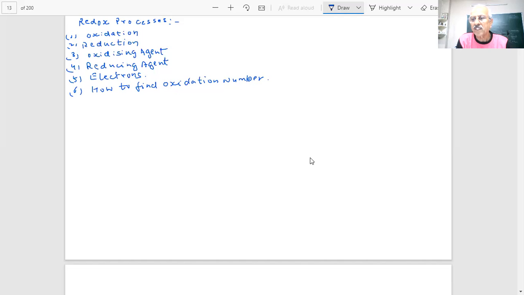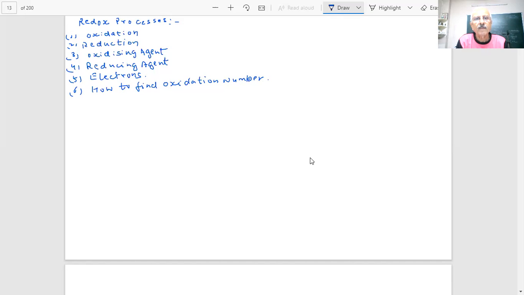So what is oxidation according to the oxidation number concept, student? If there is an increase in oxidation number, is this oxidation or reduction? My question to you is, if the element undergoes an increase in oxidation number, is it an example of oxidation or reduction?